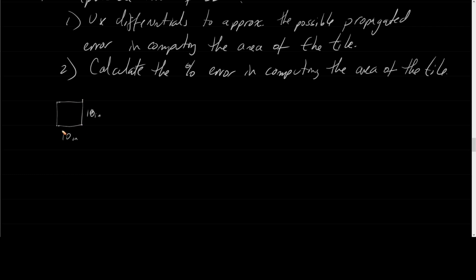That's essentially what we're asking when it says calculate the percent error. Well, let's figure out first what the propagated error would be. So here we go. Number one. The propagated error here is talking about the differential.